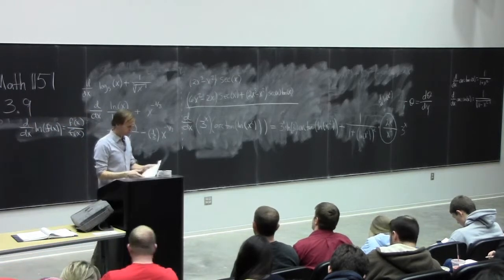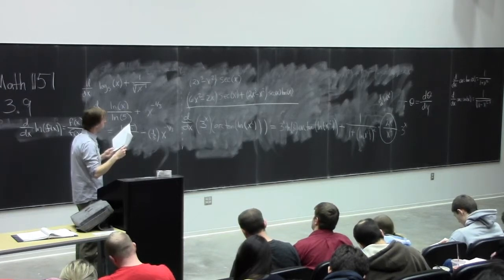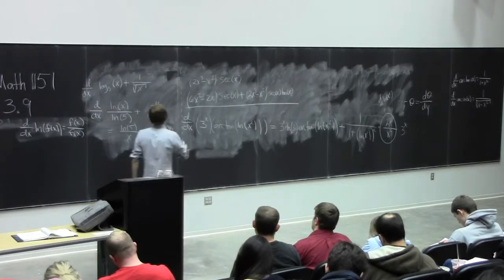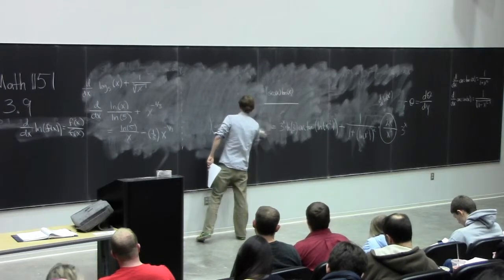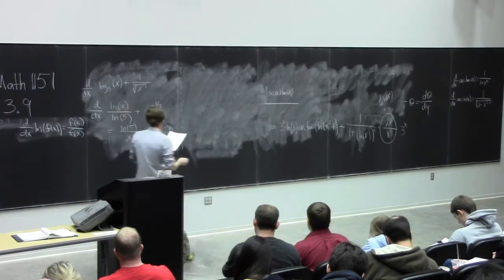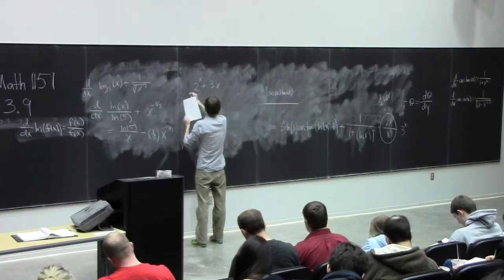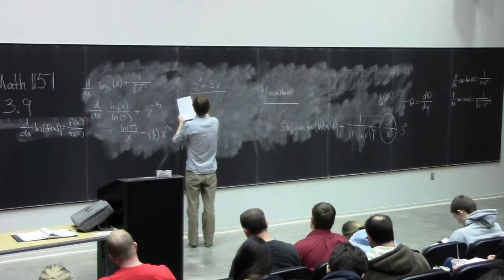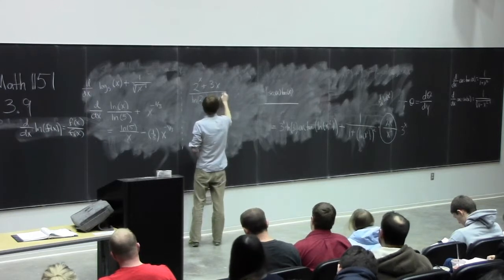All right, let's do another one. Two to the x plus 3x all over natural log of 2x minus x cubed.